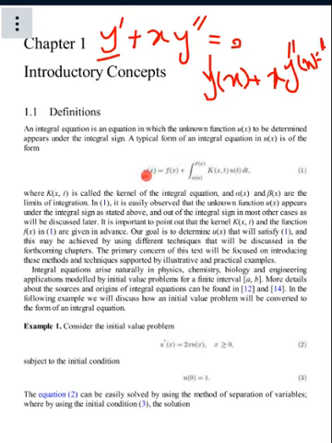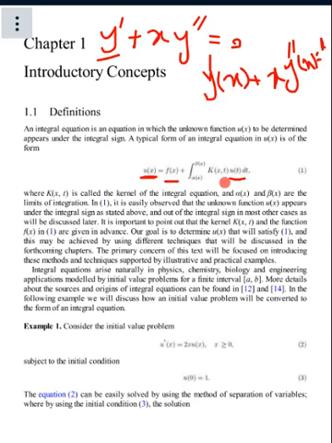The unknown function is the function u. You have the unknown function u on the left side, and on the right side we have f of x plus the integral of k of x and t times u of t dt, t from alpha of x to beta of x. As you can see, the unknown function u appears on the left side and also on the right side inside the integral sign.